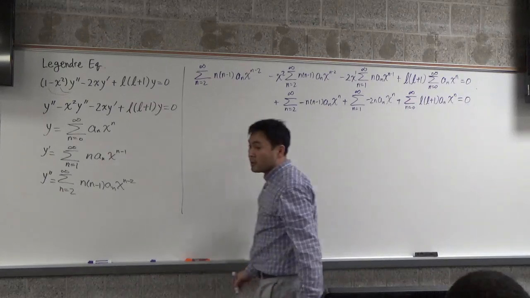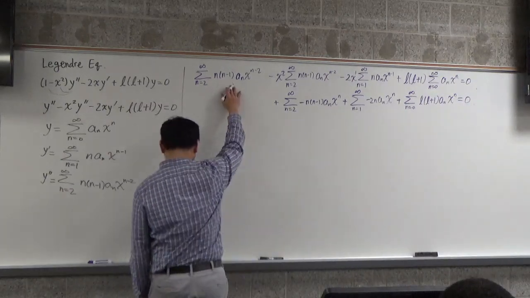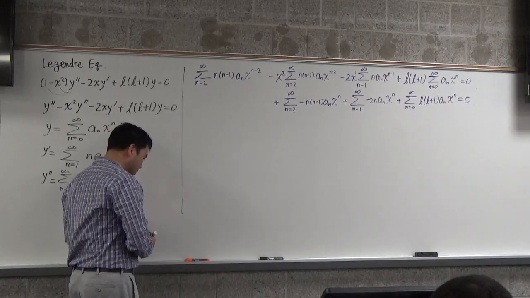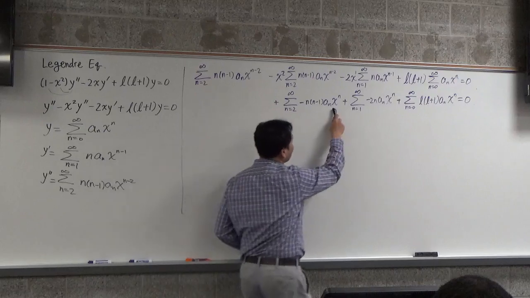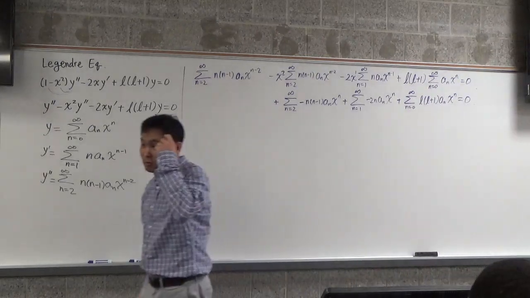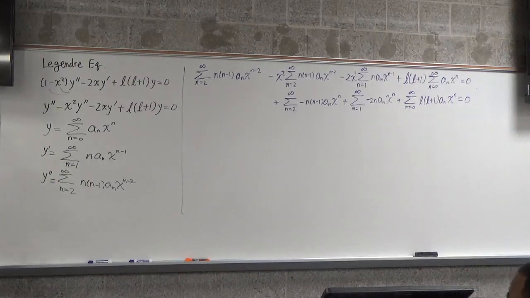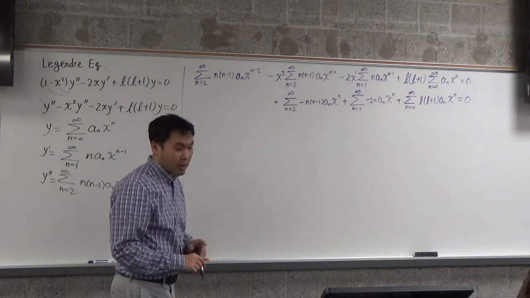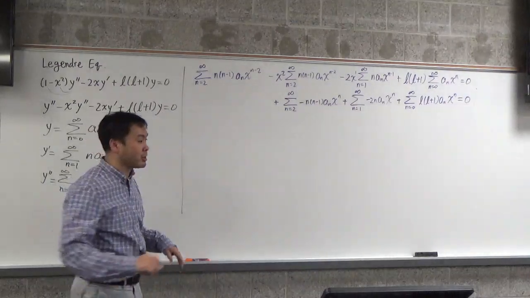Now, I didn't do anything on the first term, but if you look at it, everything else has x to the nth power, but this has x to the n minus 2. So what do we have to do? You have to shift. How do we shift? n should be replaced by n plus 2.